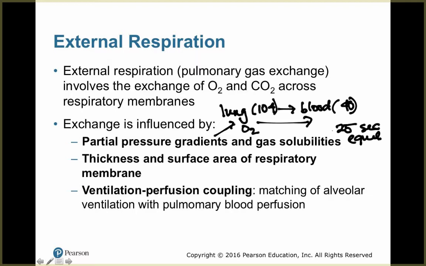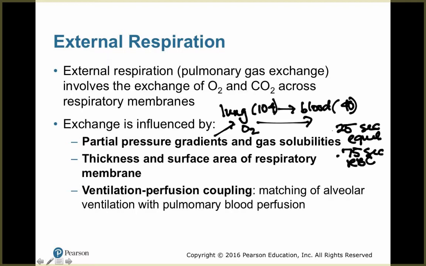But it takes red blood cells about 0.75 seconds to travel from the start to the end of the pulmonary capillaries. Even if blood flow speeds up 3 times that, it still can keep up, right? So the carbon dioxide pressure is not as high, but it's more soluble, so it diffuses at equal rates, right?